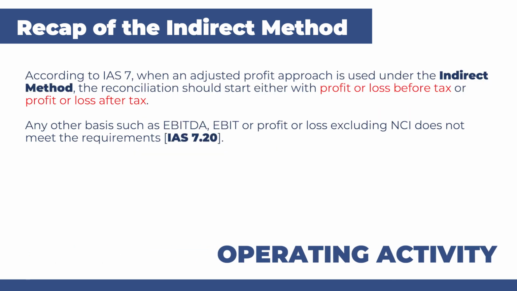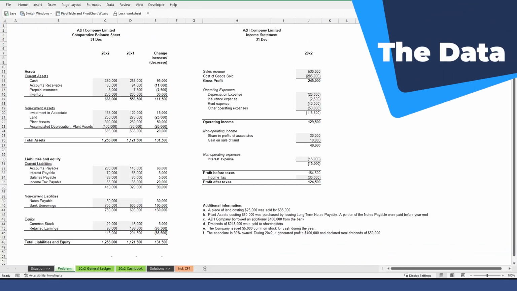Another thing to remember is that the reconciliation should start either with profit or loss before tax or profit or loss after tax. Any other basis such as EBITDA, EBIT, or profit or loss excluding NCI does not meet the requirements of the standard.